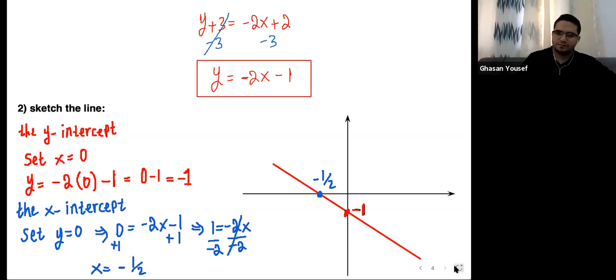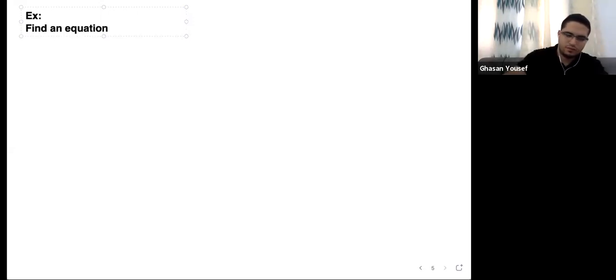Another example. Find an equation of a line that passes through the points (-1, 2) and (3, -4).